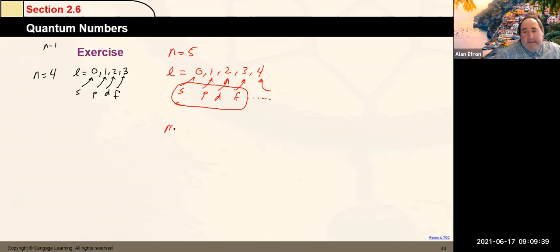And you would do the same thing with M sub L. In the case of L equal to 4, it could go -4, -3, -2, -1, 0, +1, +2, +3, +4, which means technically if you got up that high, it would have 1, 2, 3, 4, 5, 6, 7, 8, 9 different orbitals there, if I counted correctly, hopefully, along the way.